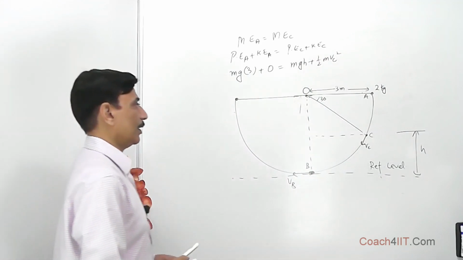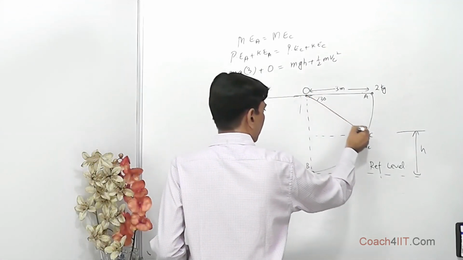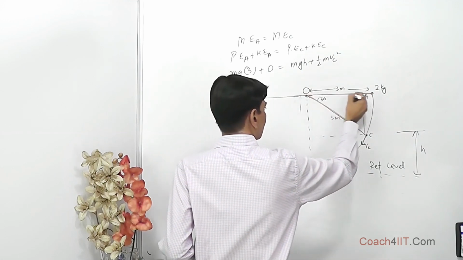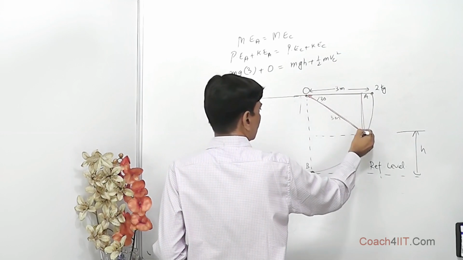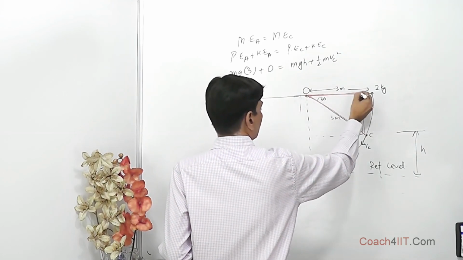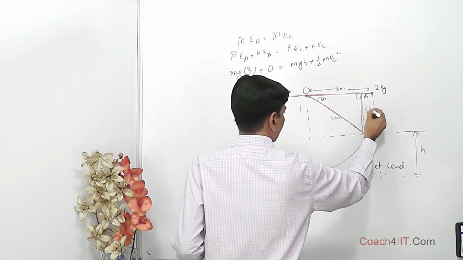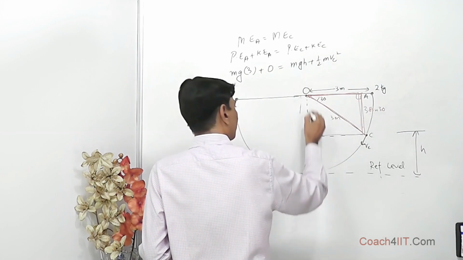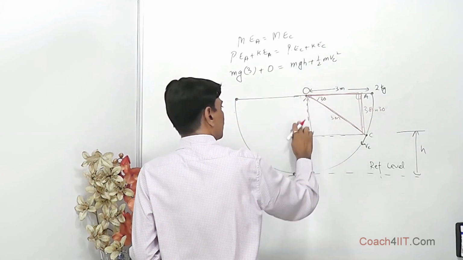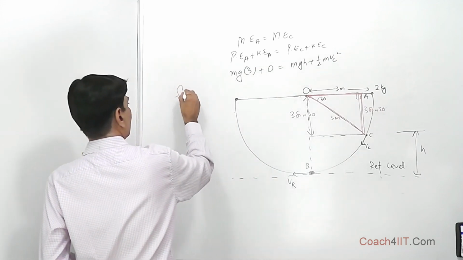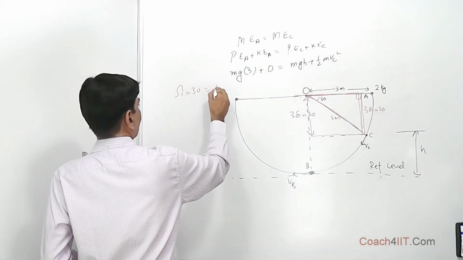Now as done earlier, from here to here is the length of the string, 3 meter. If we make this triangle, from here to here this is a right angle triangle, so this is going to be 3 cos theta and this is going to be 3 sin theta, that is 3 sin 30 degree. From here to here this is also 3 sin 30 degree, and sin 30 degree you know is half.